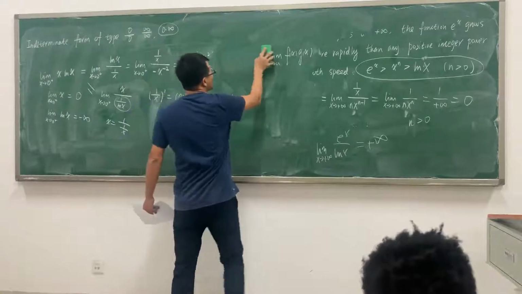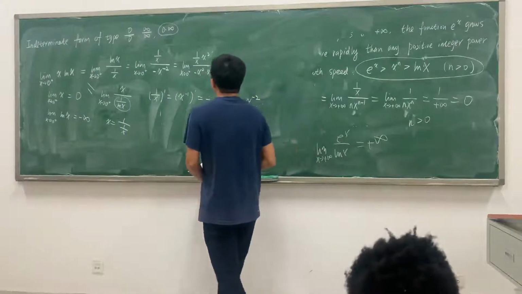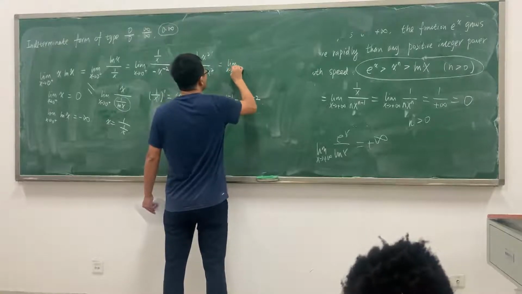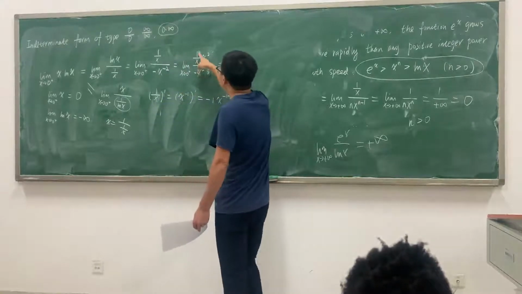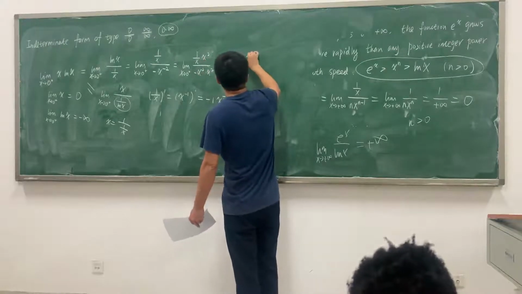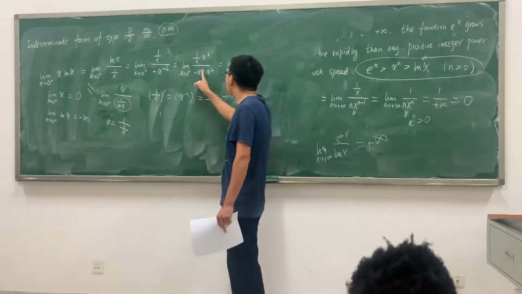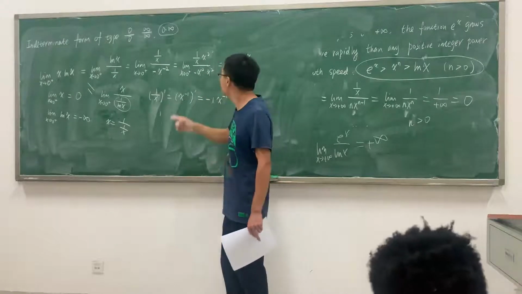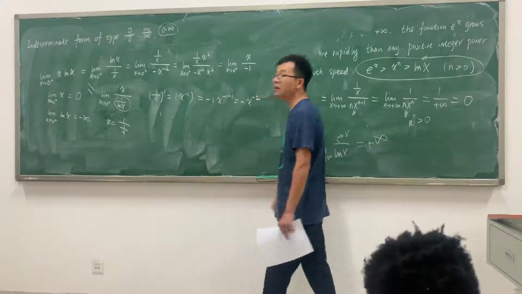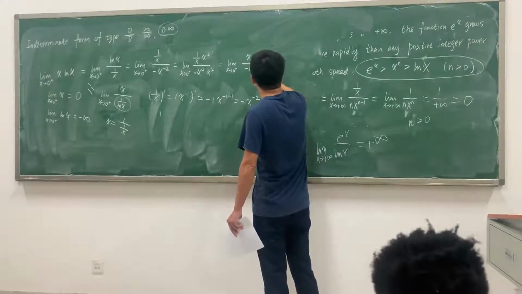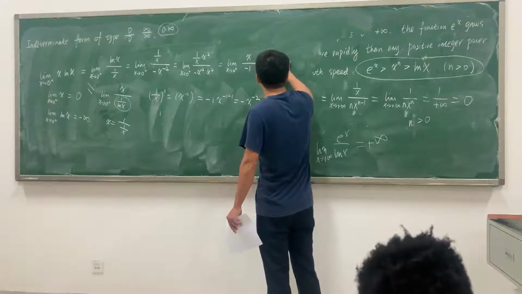So you can see here is the limit as x approaches 0 from the right. 1 by x times x squared is x, and x to the power minus 2 times x squared is 1, with the minus, so minus 1. So the result is the limit as x approaches 0 from the right of minus x.